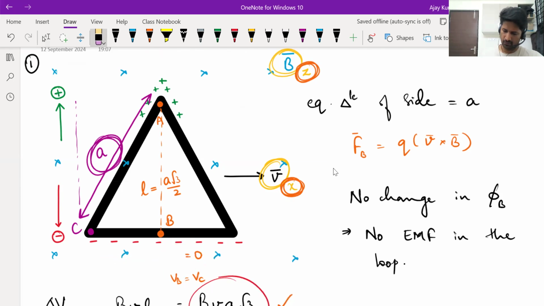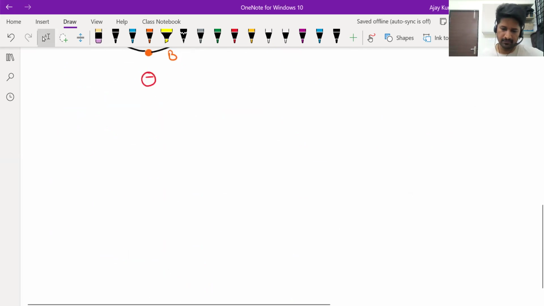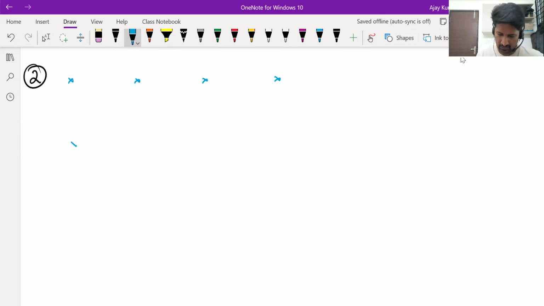Okay, I'll give you one more question like this. Similar situation, imagine there is a uniform magnetic field directed into the plane of the screen.